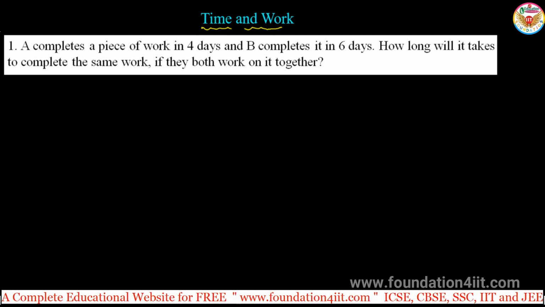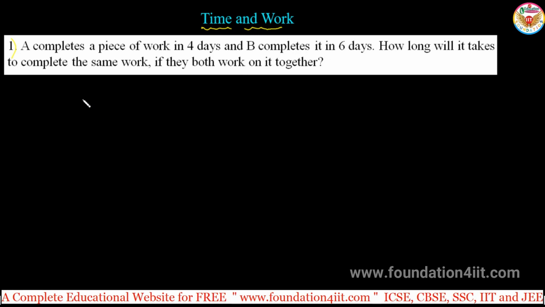Then we get more idea. In this problem, A completes a piece of work in 4 days and B completes it in 6 days. How long will it take to complete the same work if they both work together? So individually their capacities are 4 days and 6 days.